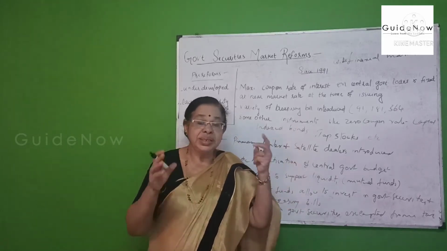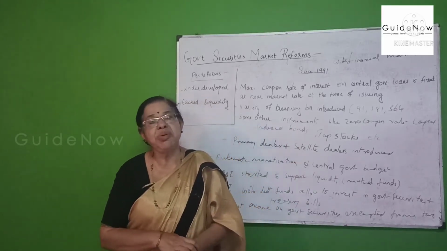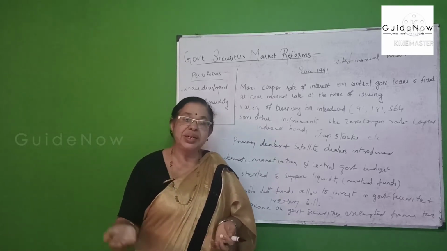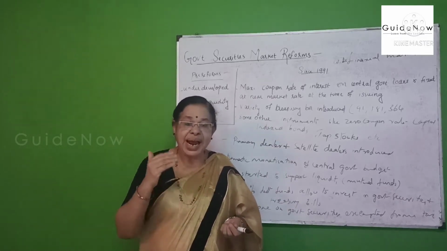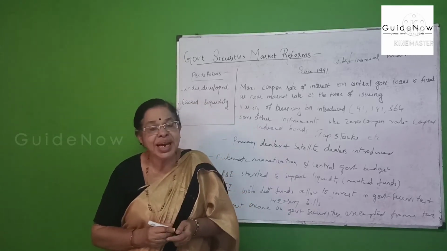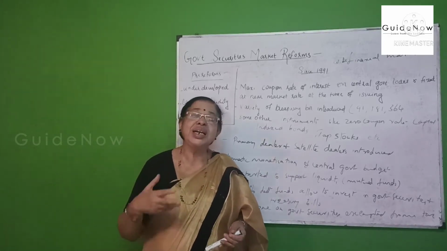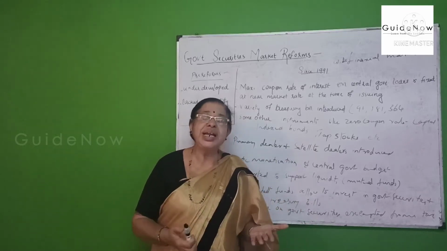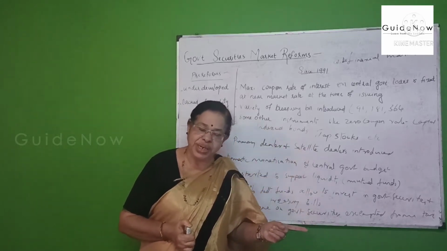So, the question is: what were the important problems before 1991, and what are the important reforms introduced since 1991? Which were the difficulties before 1991 in the government security market?